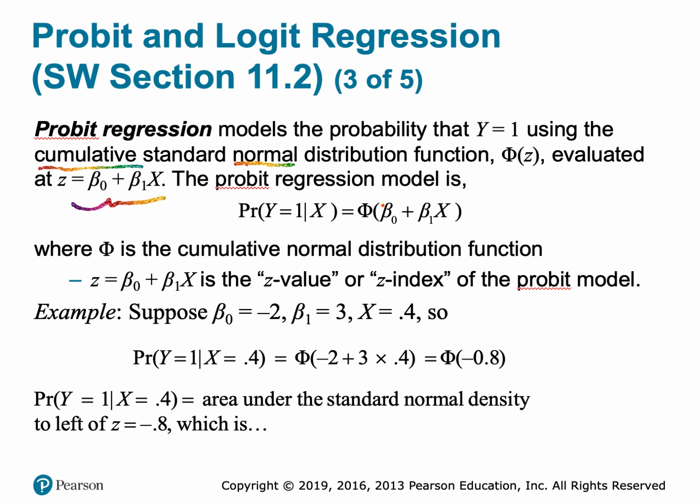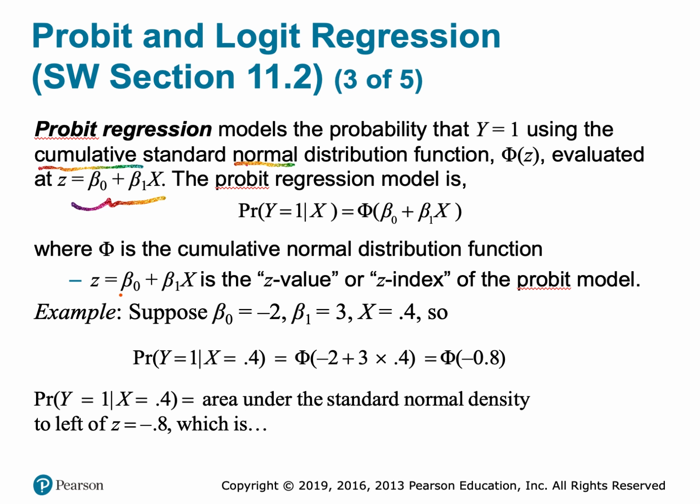So the probit regression model says the probability that y equals 1 given x is equal to phi of beta naught plus beta 1 times x, where phi is the cumulative normal distribution function.